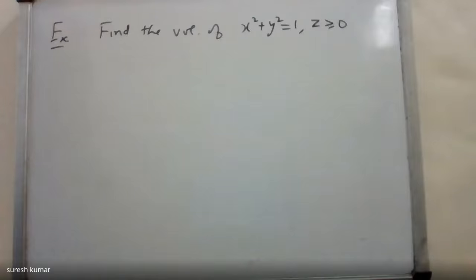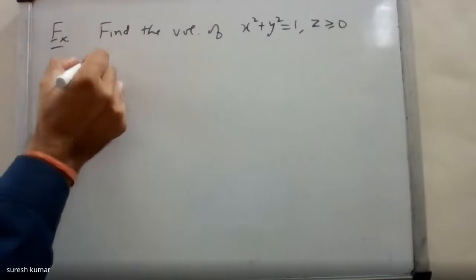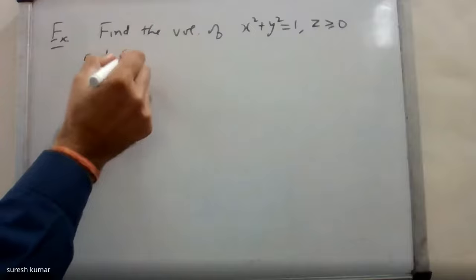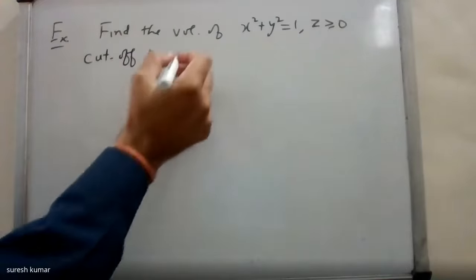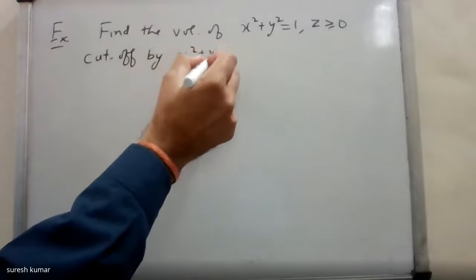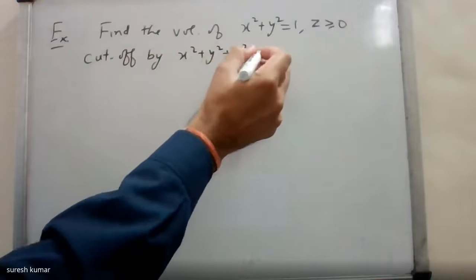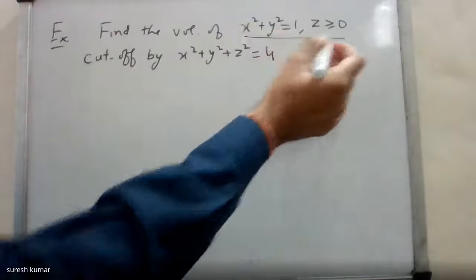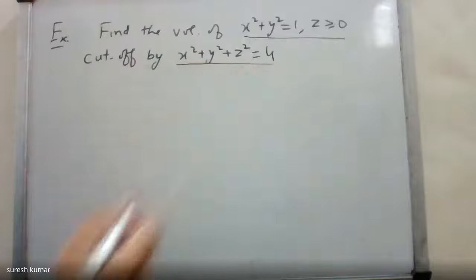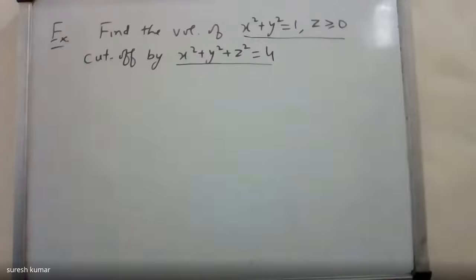You should understand the shape of the cylinder, controlled by the sphere x square plus y square plus z square equal to 4. Find the volume of the cylinder controlled by this sphere. First, make a rough sketch of the given region, then we'll find its volume.